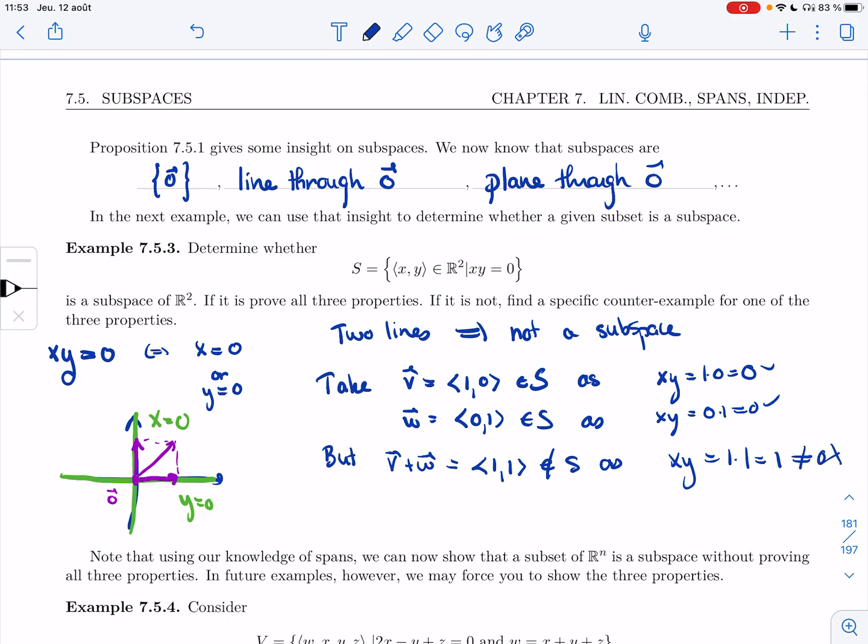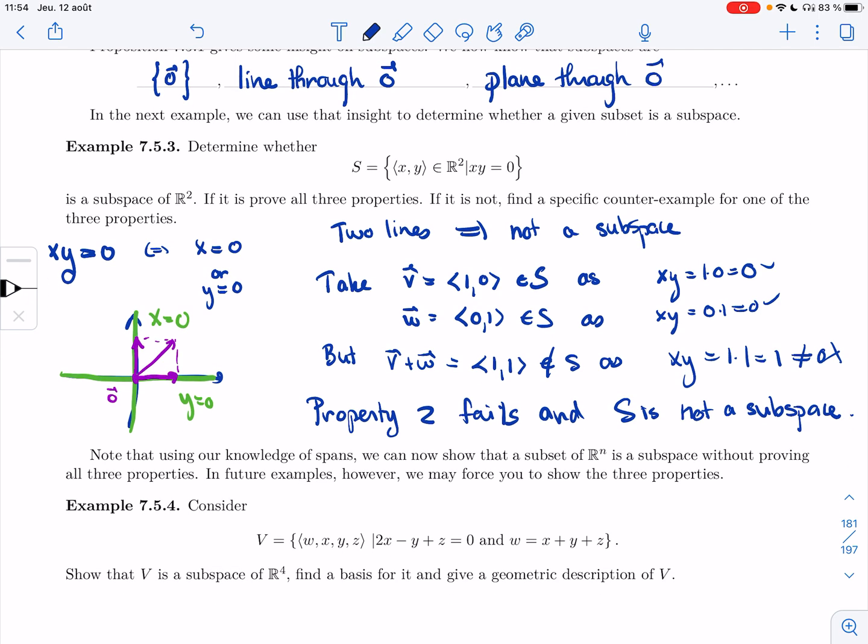And so property 2 fails, and S is not a subspace. All right, so my insight on what subspaces look like helped me determine that it wasn't a subspace, but also sent me on a path to figuring out why it wasn't.